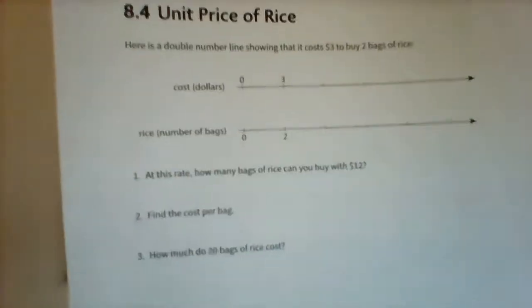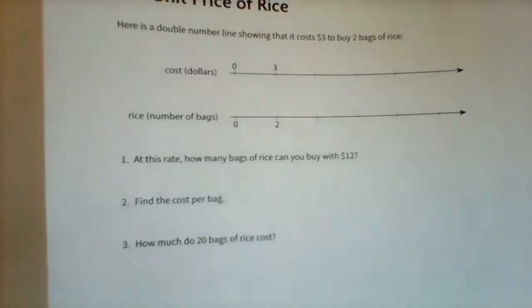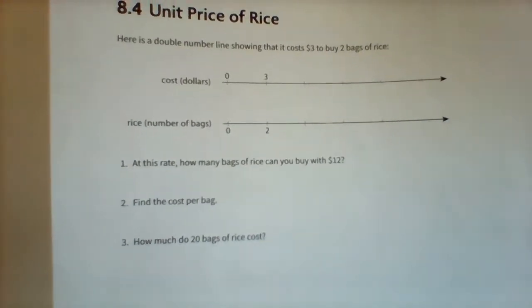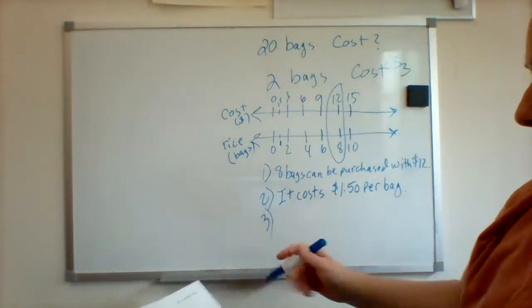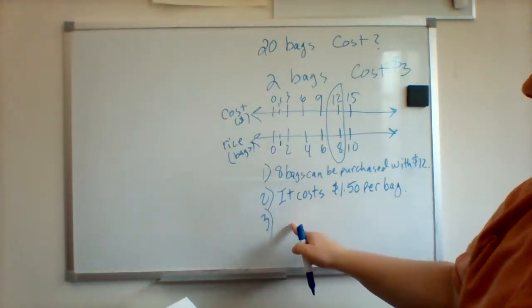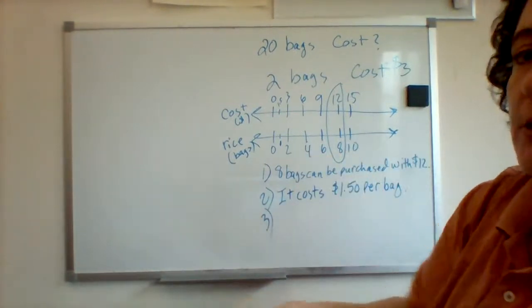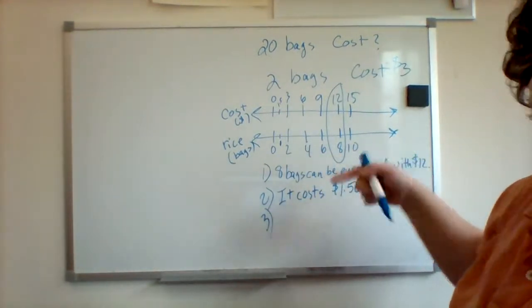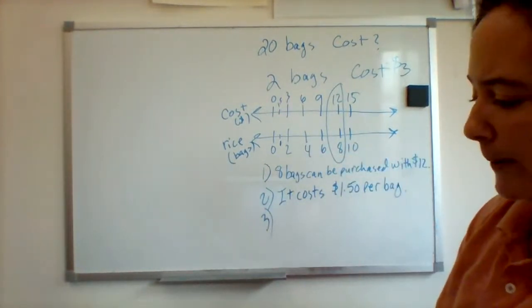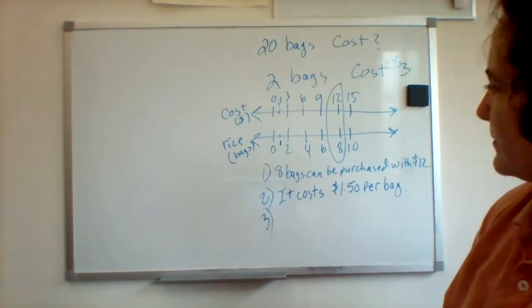Okay, and then this is the one that I had the question about from the other class, and that's why I'm going over it briefly. At the bottom, it's asking how much would 20 bags cost? Now, 20 bags is not on here, and you're not required to put it on here and start making it look some type of way.